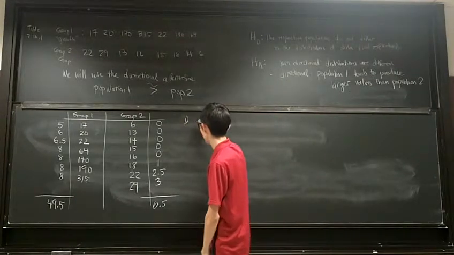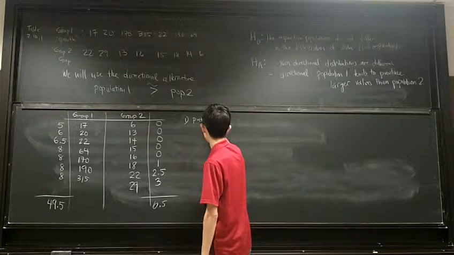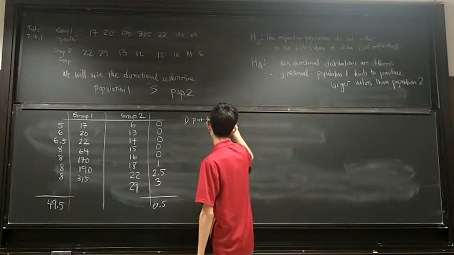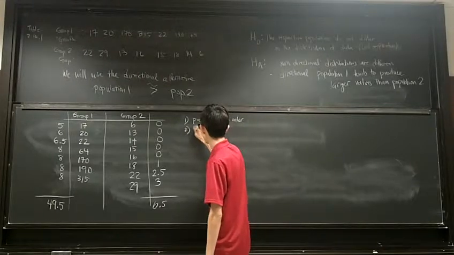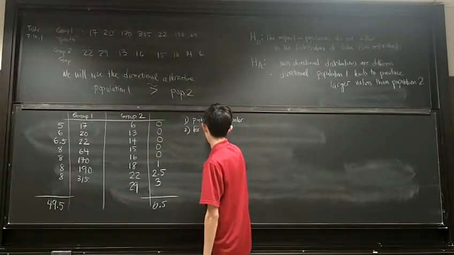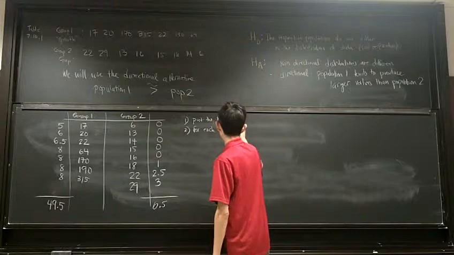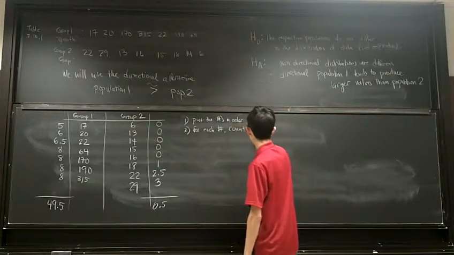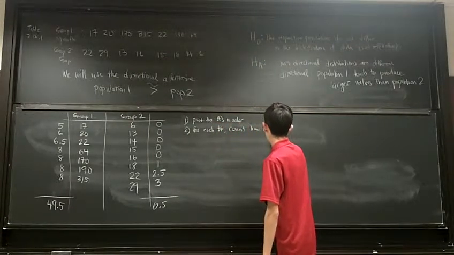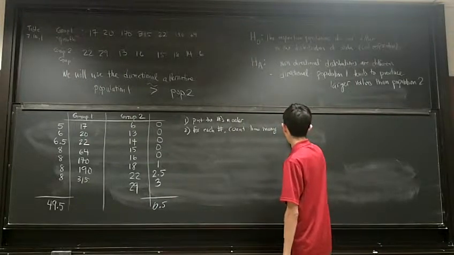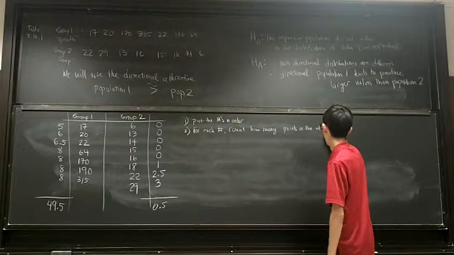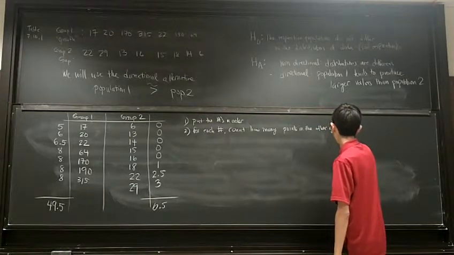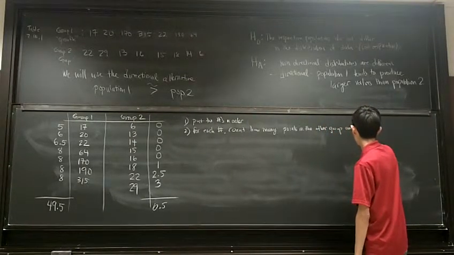Steps, let me just write these real quick. Put the numbers in order. Alright, for each number, count how many points in the other group are smaller.